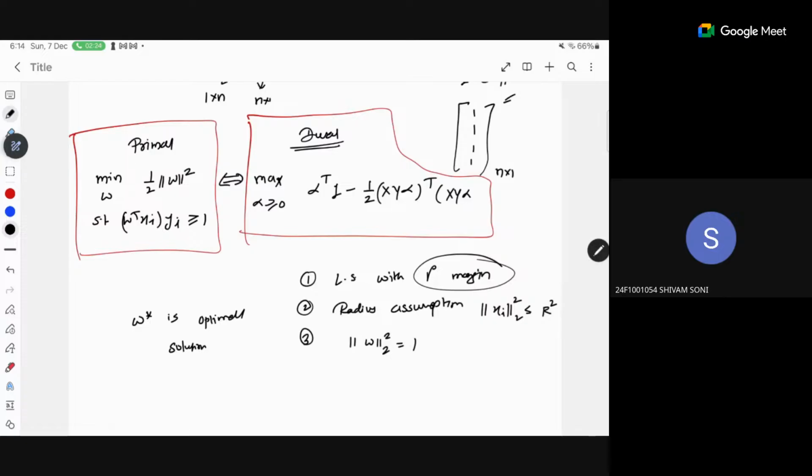These were the three assumptions which we started with, and then we saw the convergence of the perceptron algorithm.